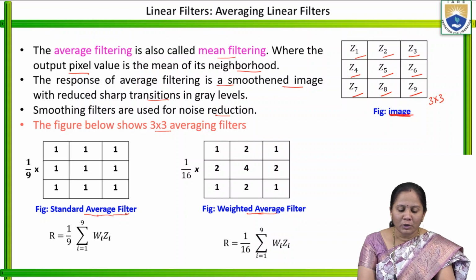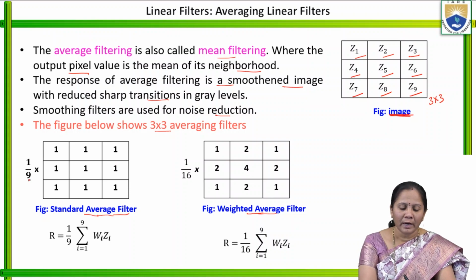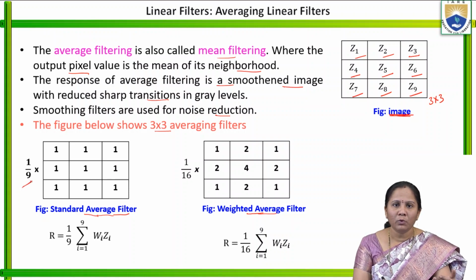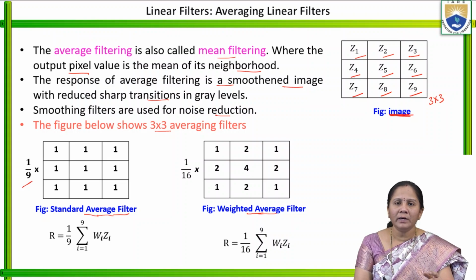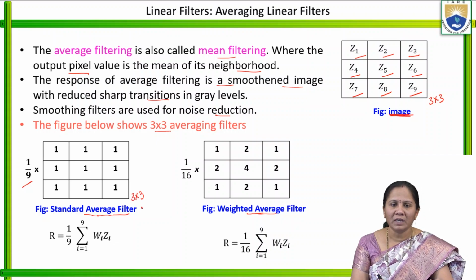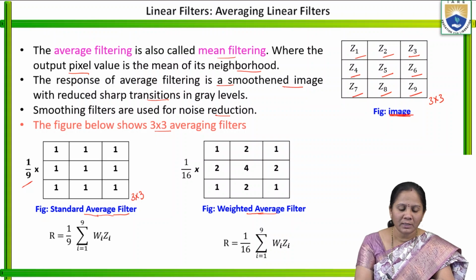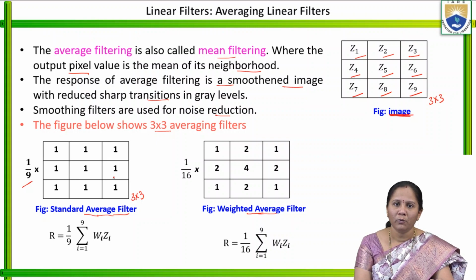Now, coming to the standard average filter, here all are 1s, and we are going to multiply with 1 by 9. Why is it multiplied with 1 by 9? The given mask, or filter size, is 3 by 3, so in total it has 9 coefficients and each value is 1.